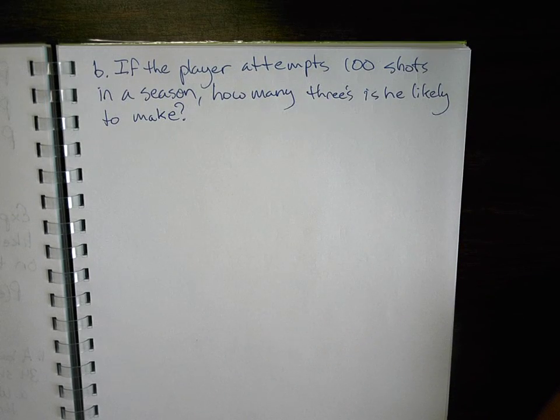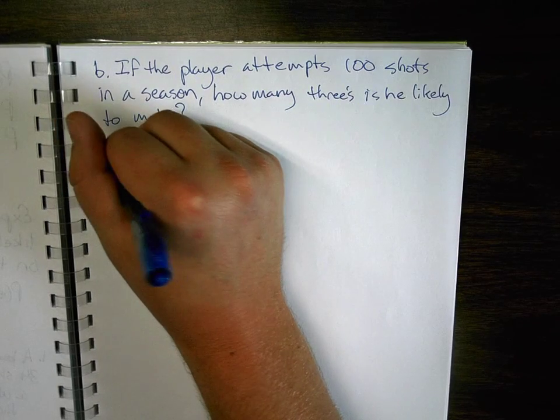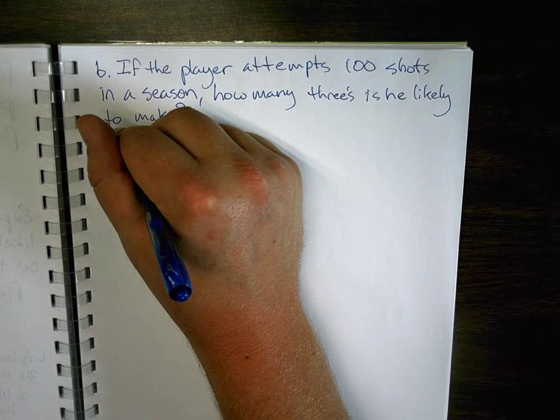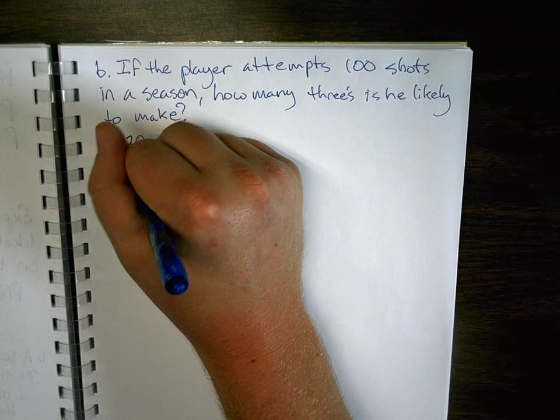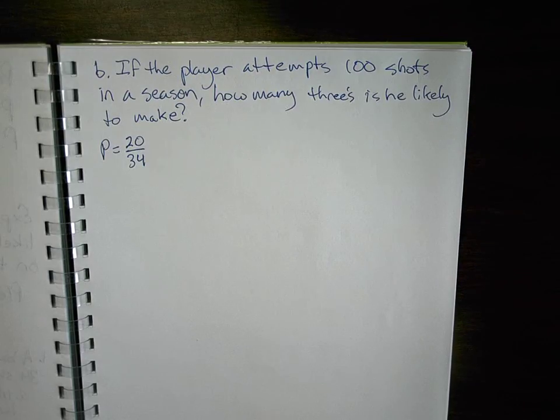Okay, so we determined earlier that the probability of his making a 3 is, did you make it like 100%? This is not Steph Curry then. So the probability of his making a 3 is 20 over 34.